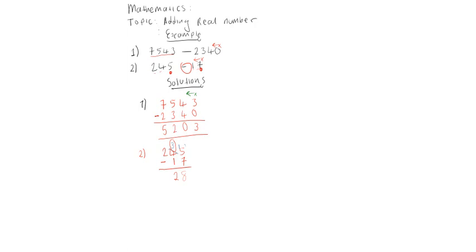Now, ask yourself a question: below this 2, do we have any number? We do not, right? So it's either we just drop this 2 down here, or, as others like to do, add a 0 here, whereby from 2 we remove nothing, it will simply remain the same number 2.